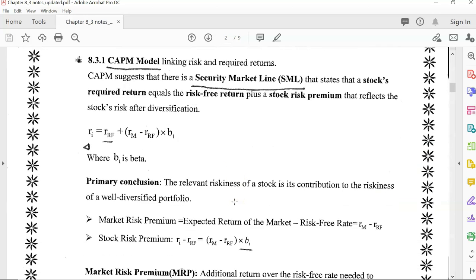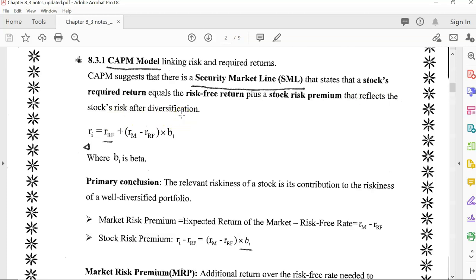Let's first look at the capital asset pricing model. It links risk and required returns. It suggests that there is a security market line, which states that a stock's required return equals the risk-free rate plus a stock risk premium that reflects the stock's risk after diversification.